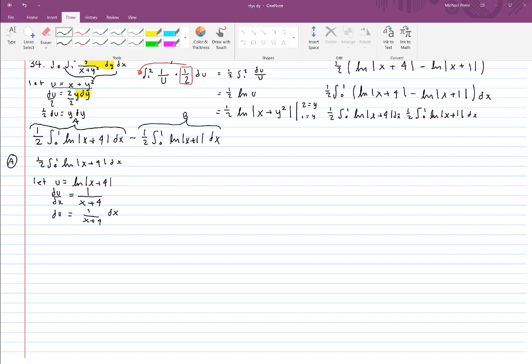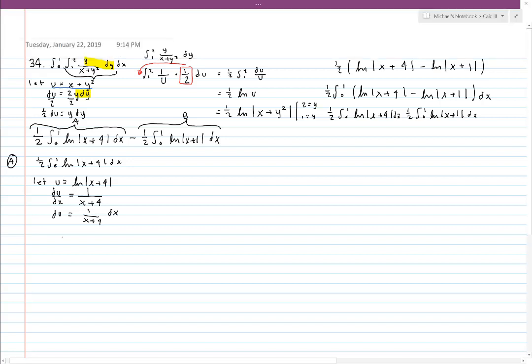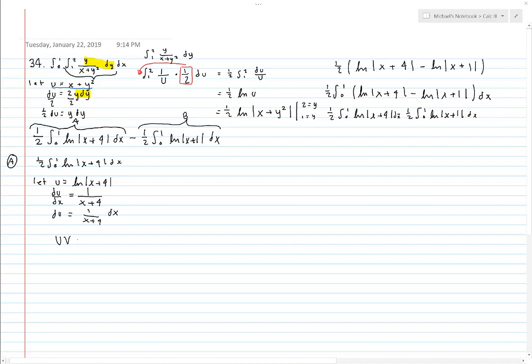So because we don't have a v to then put into the minus integral of v du, let me just write this. uv minus the integral of v du. So notice that we don't have a v.